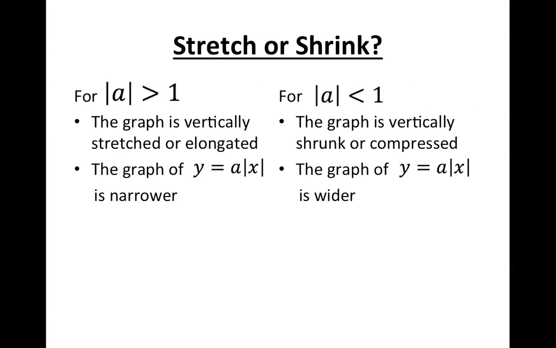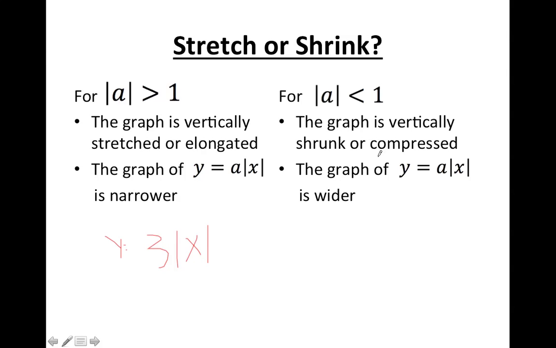So we're going to be discussing a couple more of the transformations that we have discussed previously, but with absolute values. So again, if the number out front of your absolute value of x term is greater than 1, the absolute value, because it could be negative, it will be a stretch. So if I had y equals 3 absolute value of x, this would be considered a stretch.